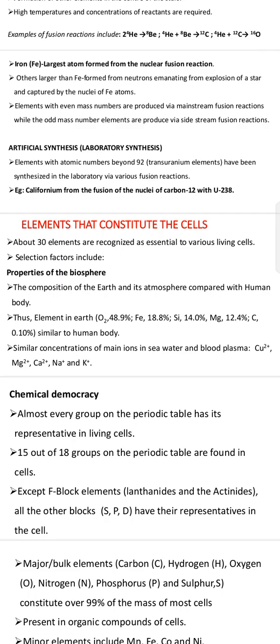So what we are saying here is that all the elements with an even mass number were produced from a mainstream reaction.